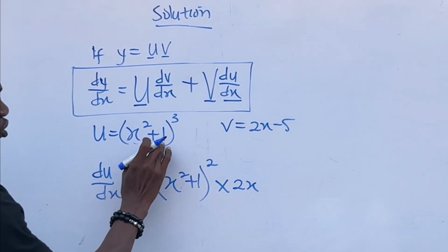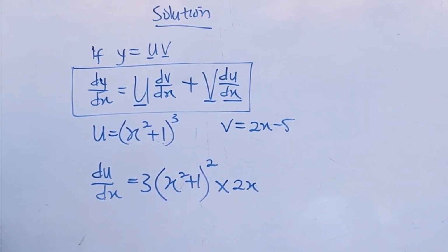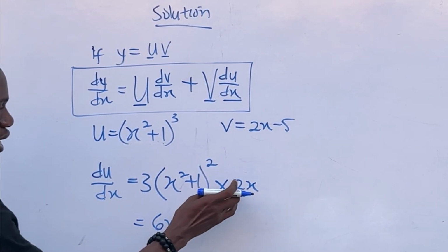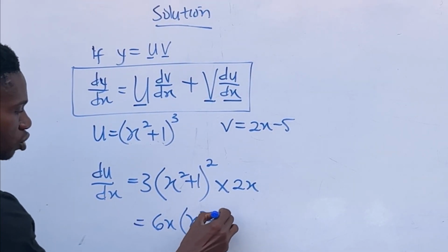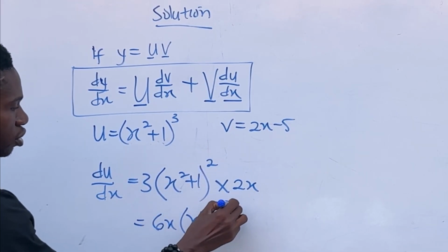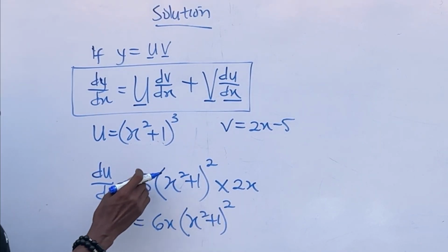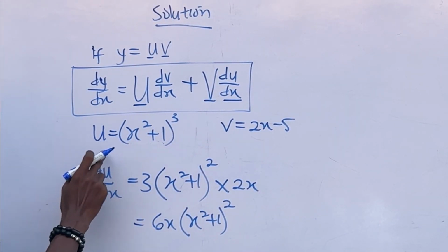Then with the function inside, you differentiate it and multiply. That's how the chain rule works. So this will give us 6x, that's 2x multiplied by 3, into (x squared plus 1) raised to the power 2. I really hope you understand. What I've just done is the chain rule, and that's our du dx.